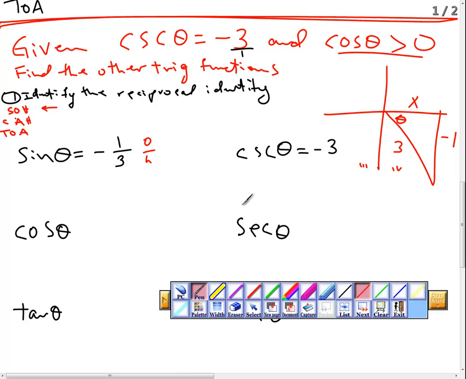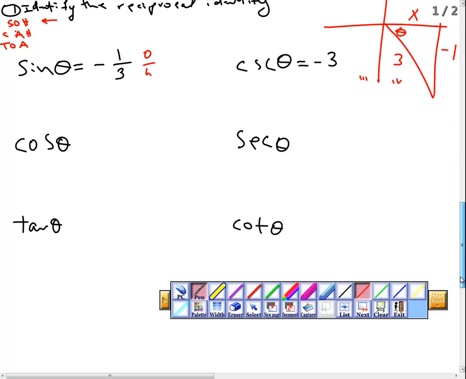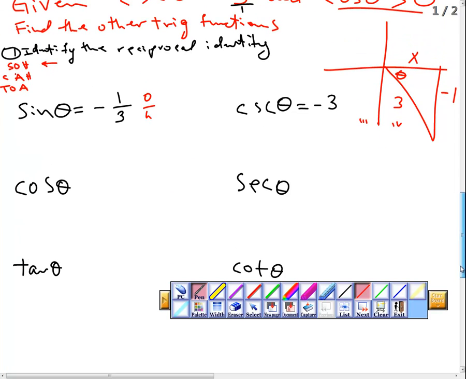So we have to find what x is. And how do we do that? Right, the Pythagorean theorem. Good. So what would come first for our c squared equals a squared plus b squared? 3 squared.